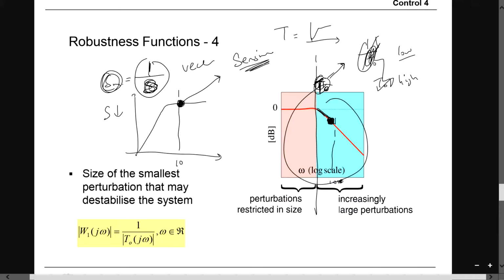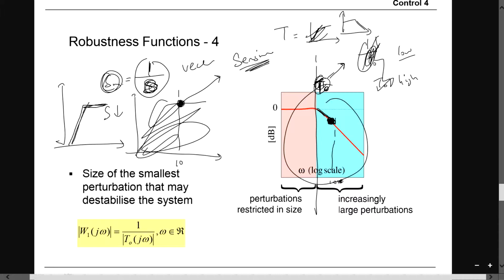Please take note. So if T is a low pass system, I shouldn't have drawn it over here. This should be high pass. What am I doing? Okay, we just continue first.